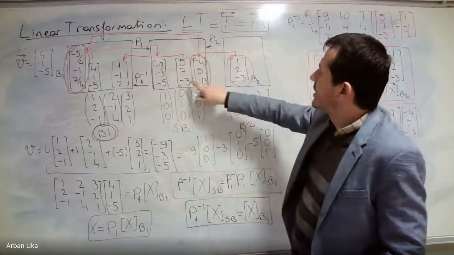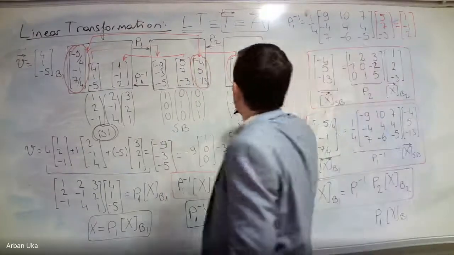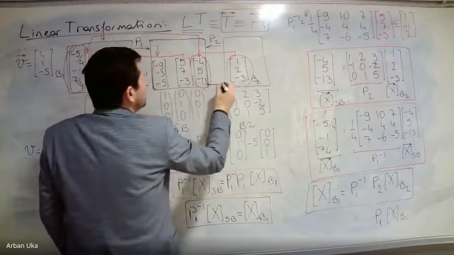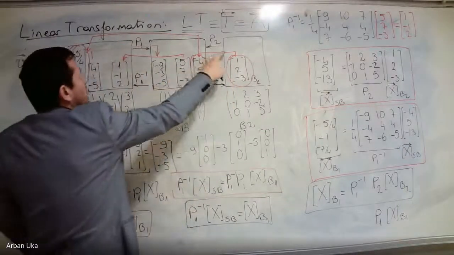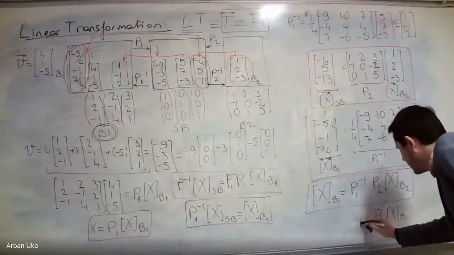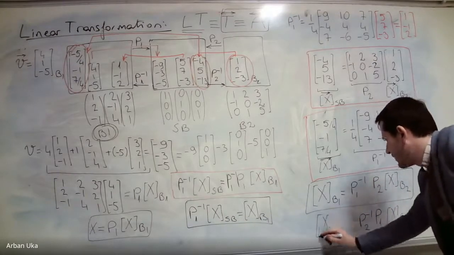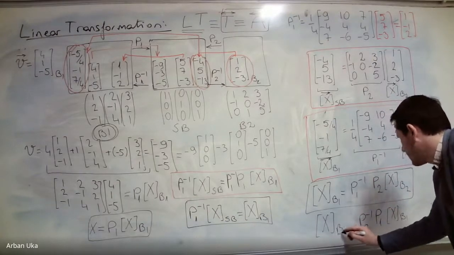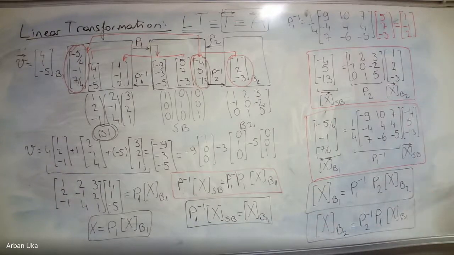Once we are in this domain, how can we jump to domain P2? We have to come backwards with P2 inverse. So we come this way with P2, we go backwards with P2 inverse. So if we multiply here with P2 inverse, we can get how the vector x looks like in the domain P2. Is it clear?